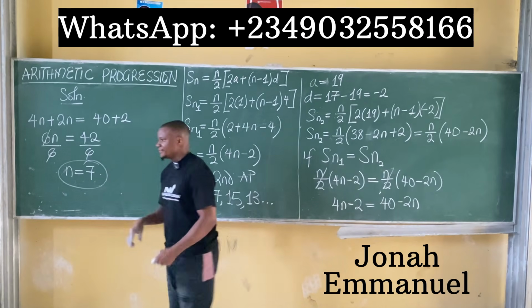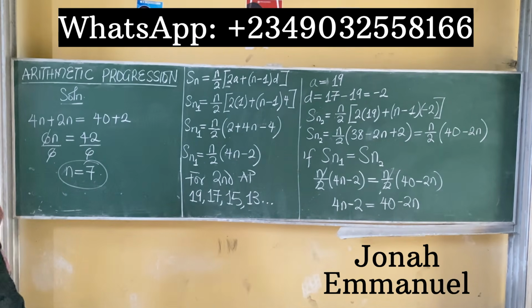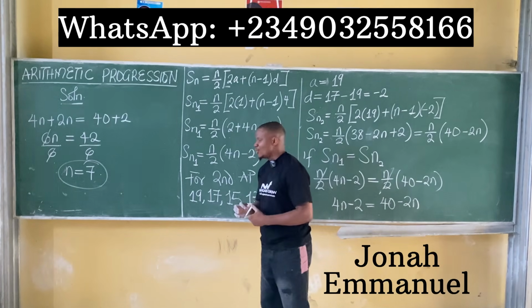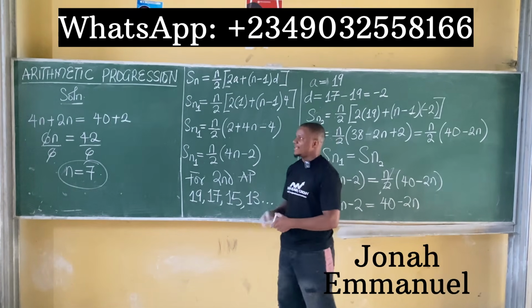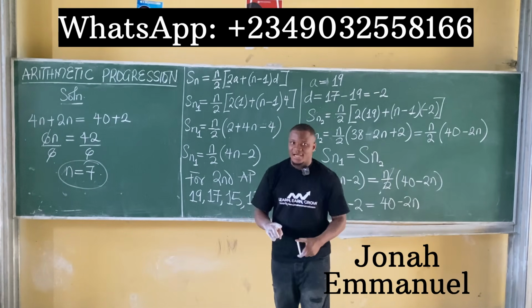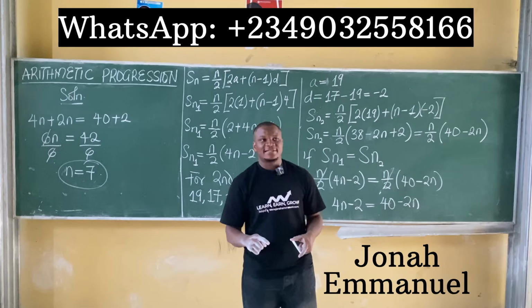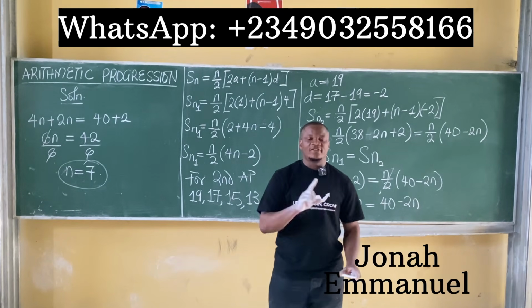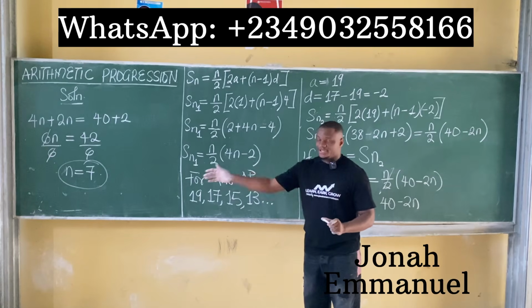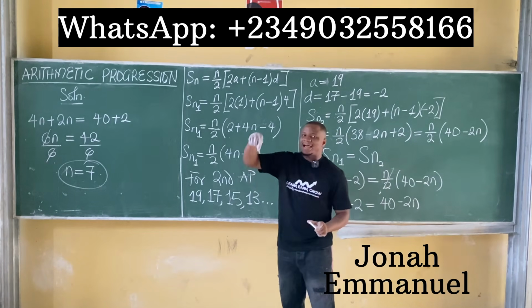Let me give you a task. So for your task, what to do is simple. We've just agreed that if I take the sum of the first seven terms of the first AP, I will get the same value as if I take the sum of the first seven terms of the second AP, right? That's what we've just agreed. Your task now is to get that value.